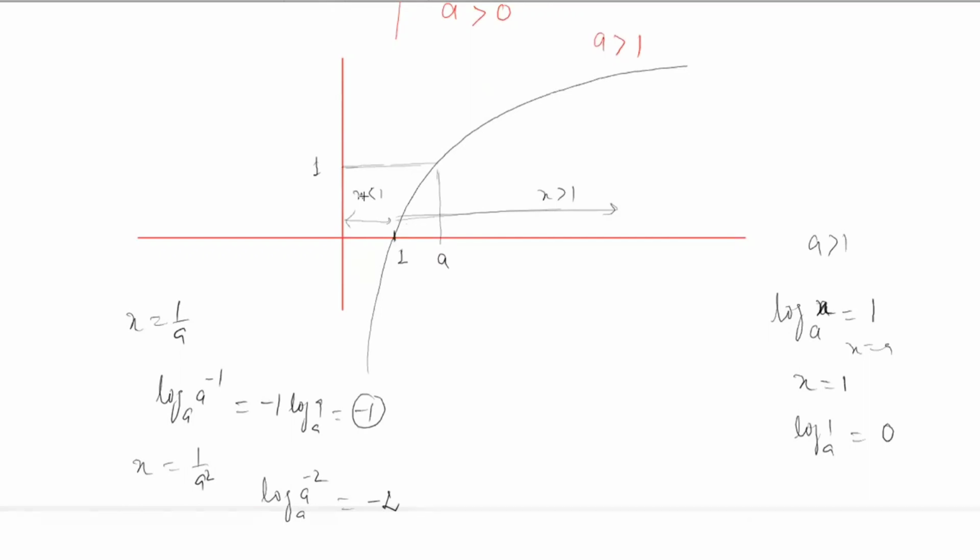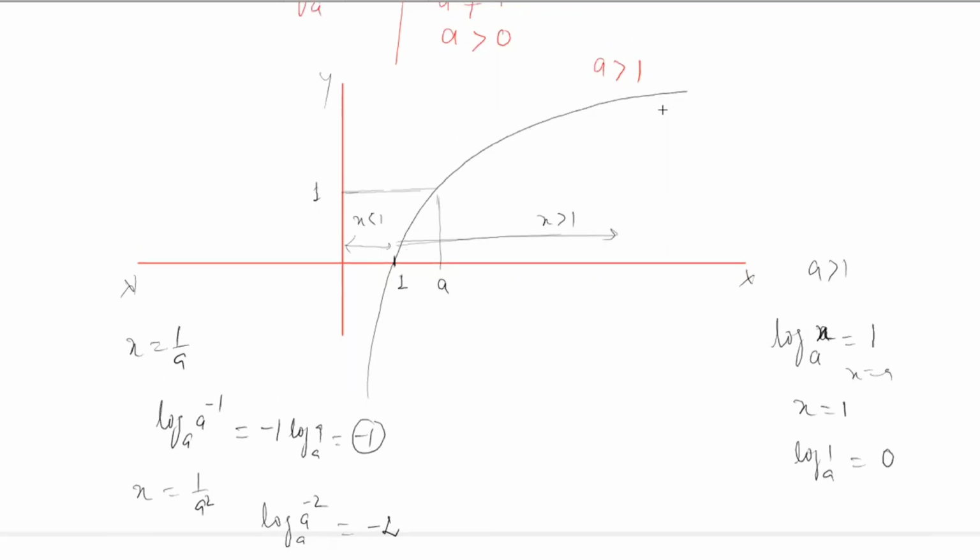This is your y-axis, this is your negative y-axis, this is your x-axis, this is your negative axis. So if a is greater than 1, this is how the graph will look. Now this is another graph, and the situation is going to change a little bit. In this case, a is this time less than 1.